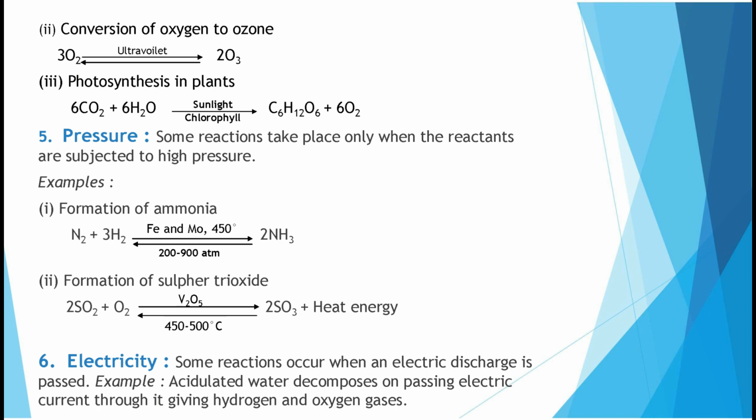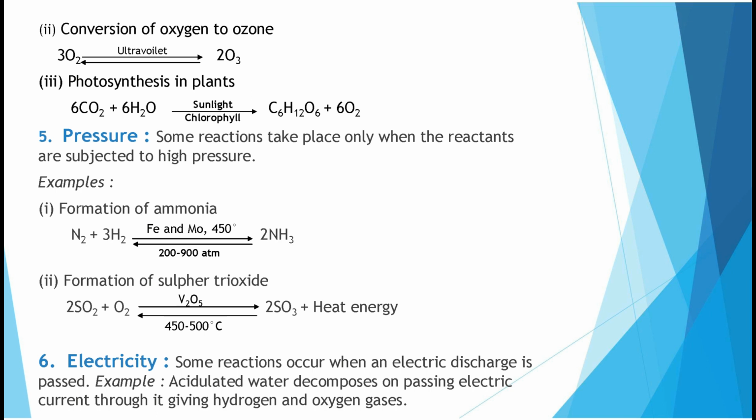In photosynthesis, carbon dioxide and water in the presence of sunlight and chlorophyll will convert to glucose plus oxygen. So 6CO2 plus 6H2O, in the presence of sunlight and chlorophyll, will convert into C6H12O6, that is glucose, plus 6O2.